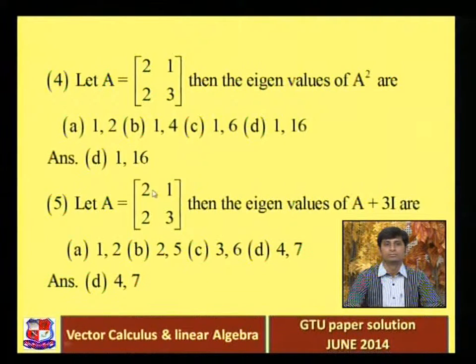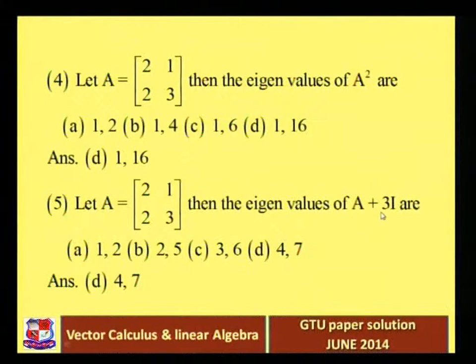Now again, just try to understand, this matrix A plus 3i is 5, 1, 2, 6, right? Okay, just try to understand.